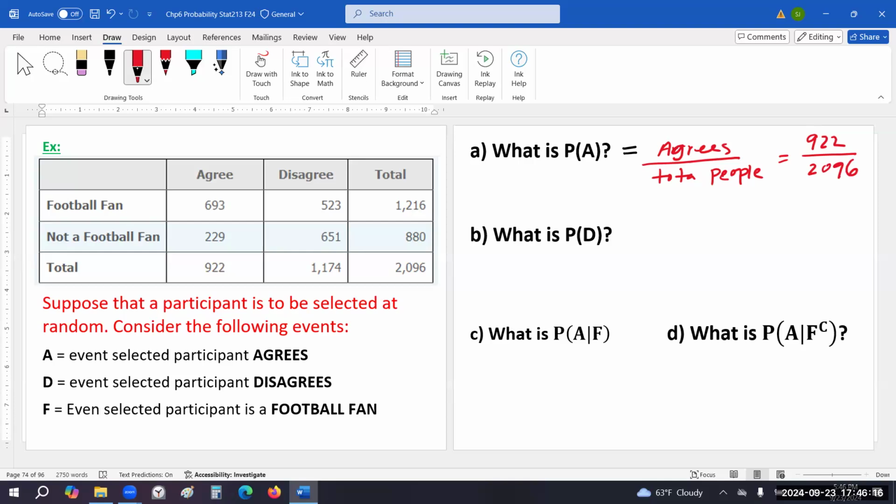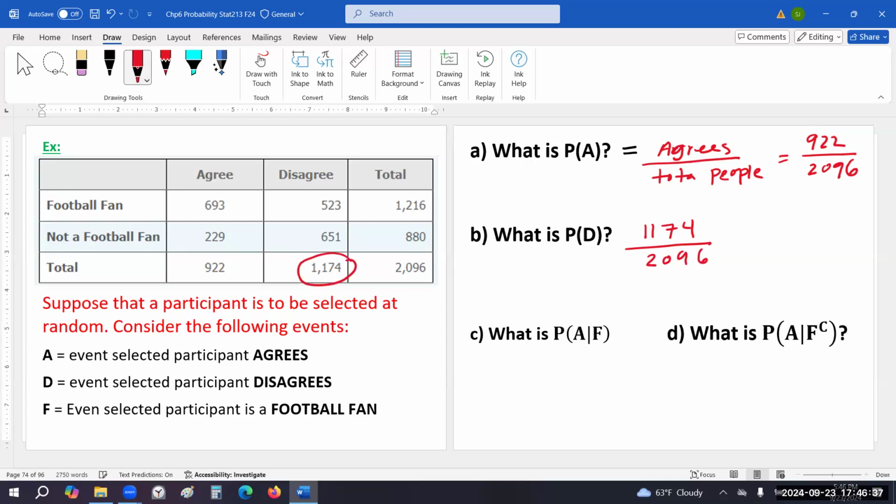Who wants to do probability of disagree? You can just give me the number. Wonderful. 1174 divided by 2096.